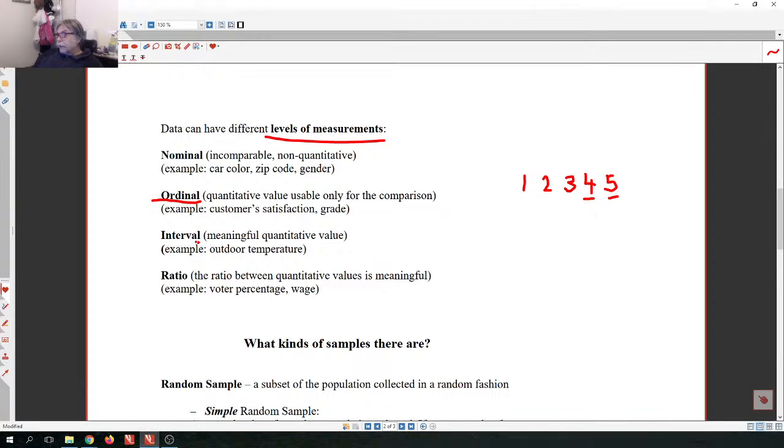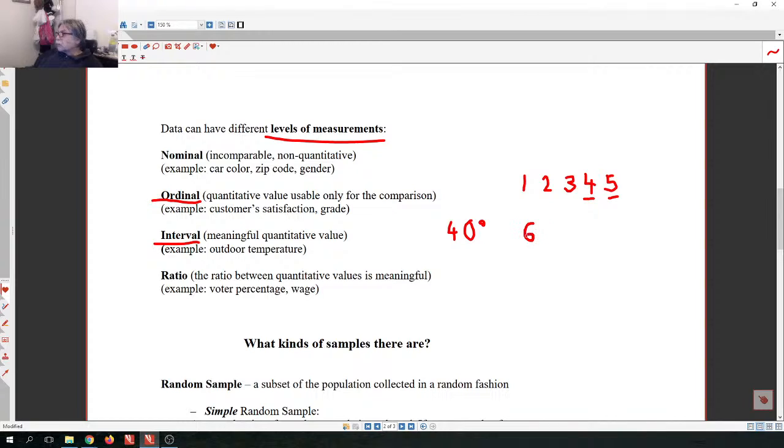Then the next level of measurement, the better, more comparable, would be the interval level of measurement. You can, for example, talk about outdoor temperature. Now you have perhaps 40 degrees, talking about Fahrenheit, right? 40 degrees Fahrenheit would be relatively cold.